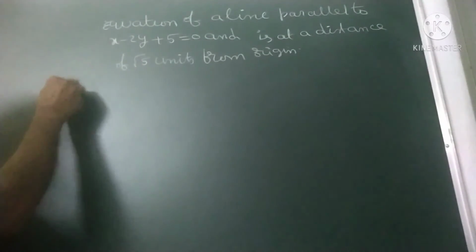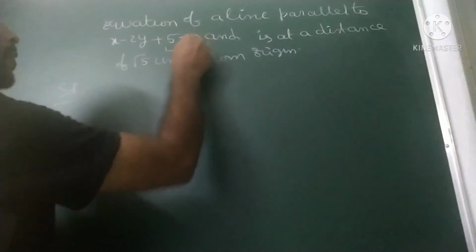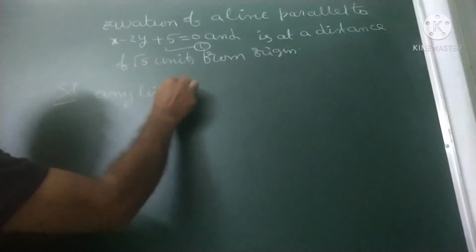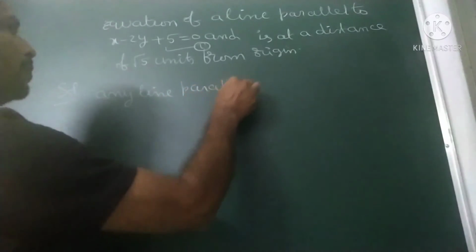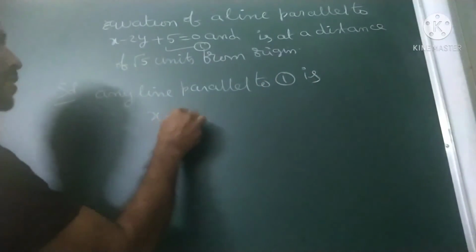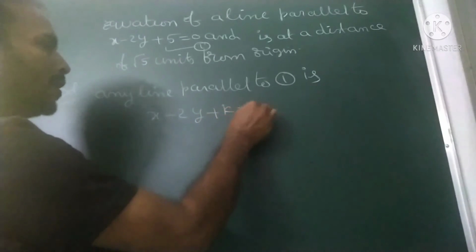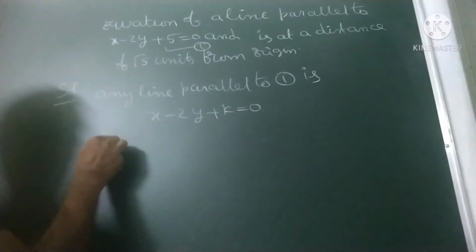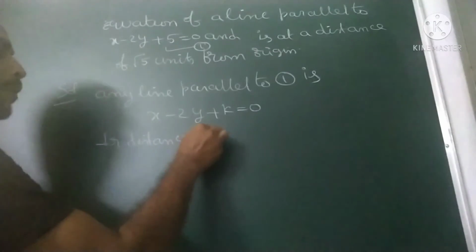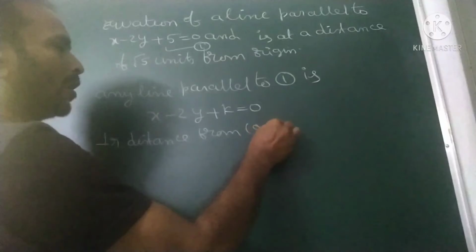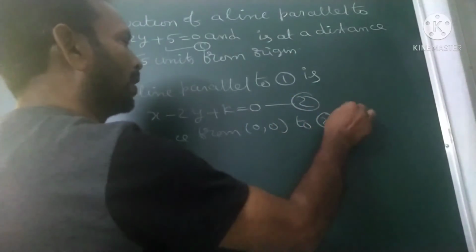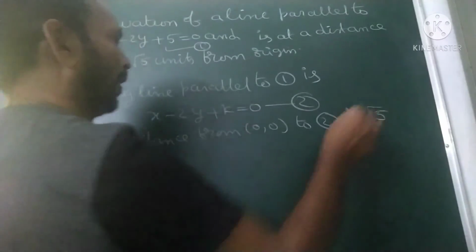Now solution, this is line 1. Any line parallel to 1 is x minus 2y plus k is equal to 0. Perpendicular distance from (0, 0) to this line is root 5.